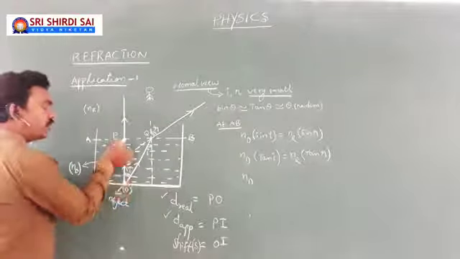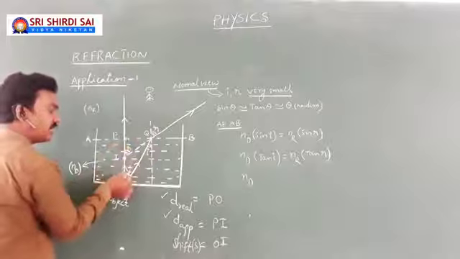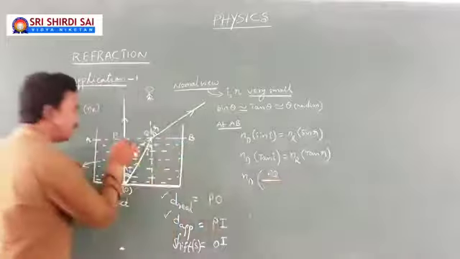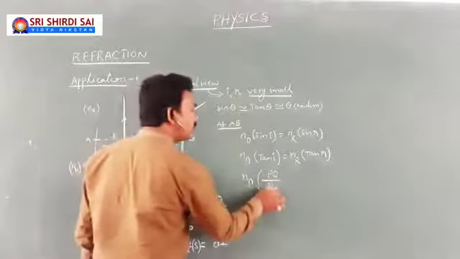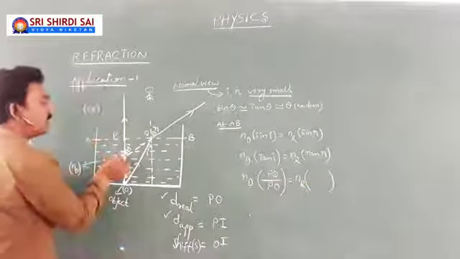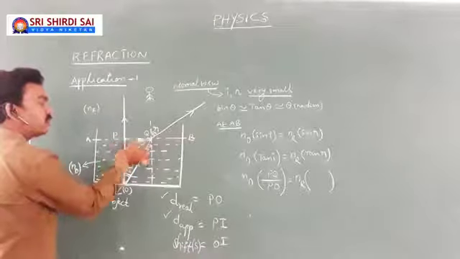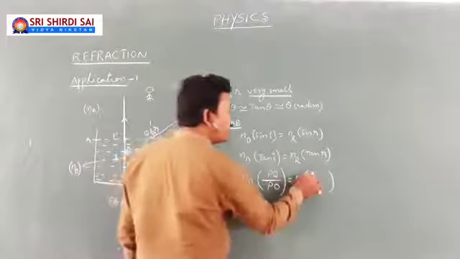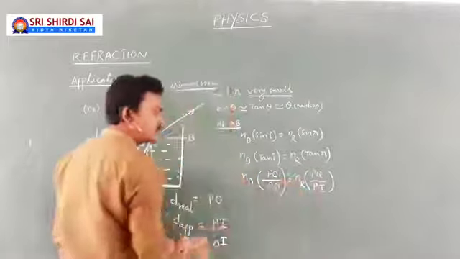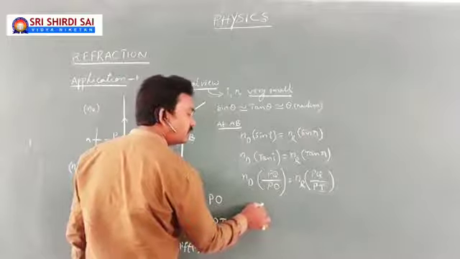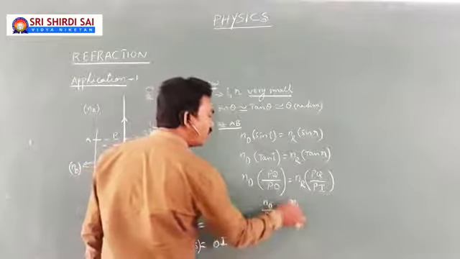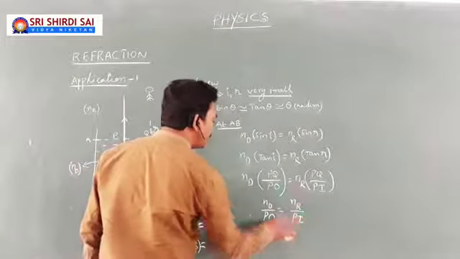Tan theta in the triangle OPQ, tan theta equals opposite side PQ by adjacent side PO, equals n_r into tan r in the triangle IPQ, opposite side PQ by adjacent side PI. So PQ by PI. Now here PQ gets cancelled on either side. So I can write here n_d by PO equals n_r by PI.